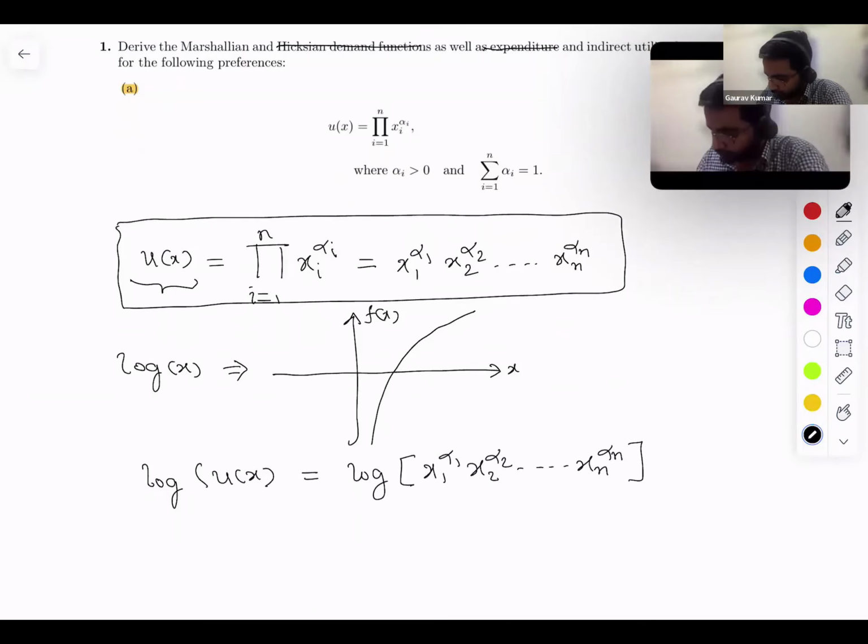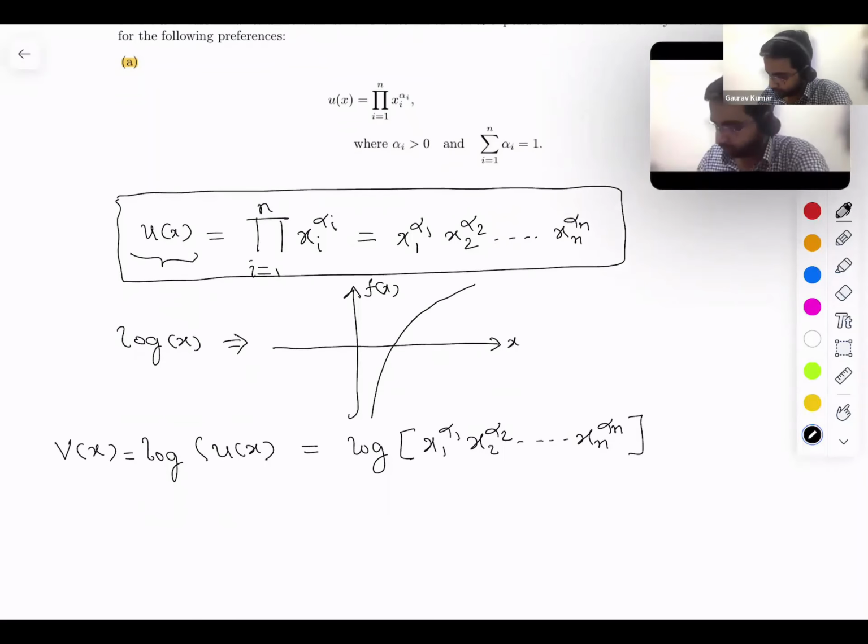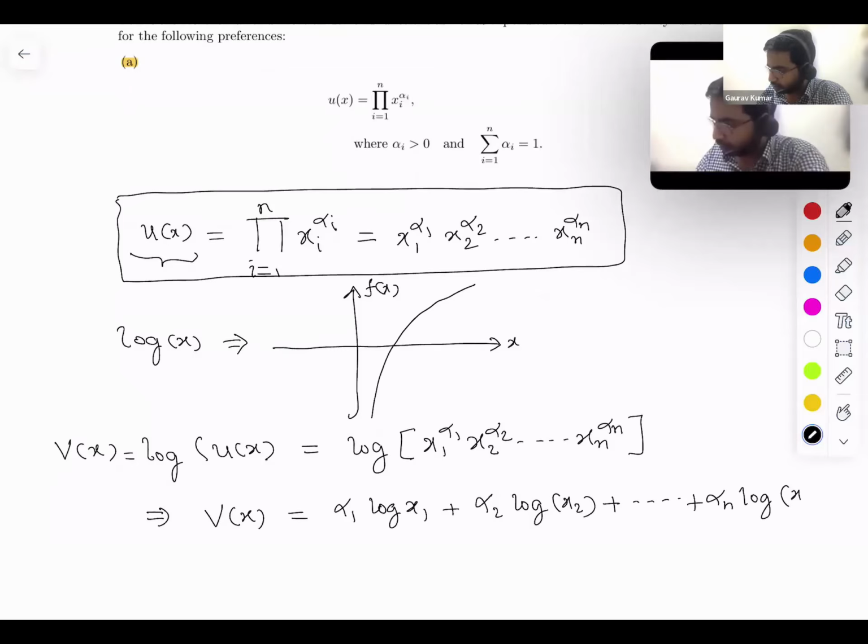And let's assume this to be v of x now, where v of x is equal to log of u of x, and u of x was the original utility function that was given to us. So that implies v of x is equal to alpha 1 log x1 plus alpha 2 log x2 and so on till alpha n log xn.